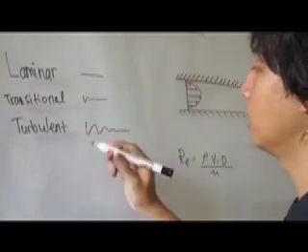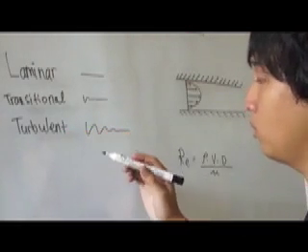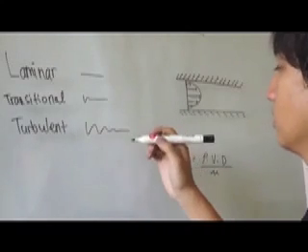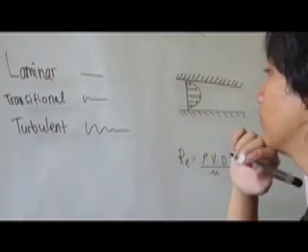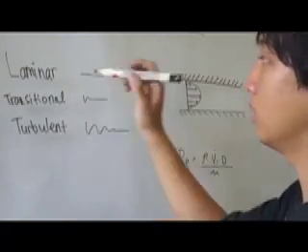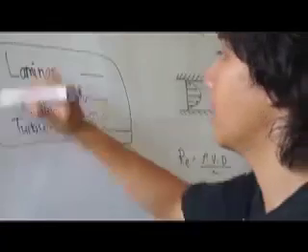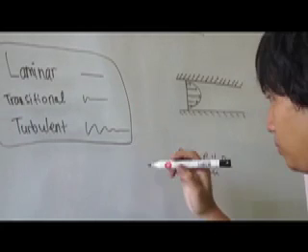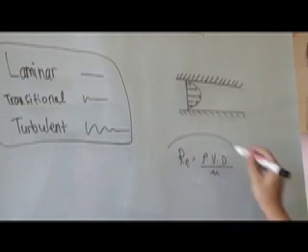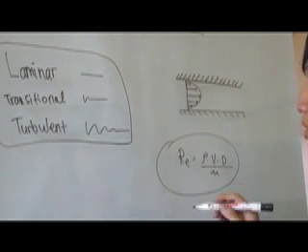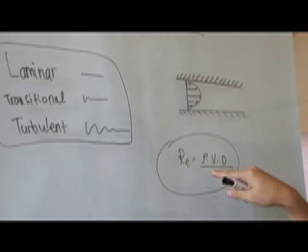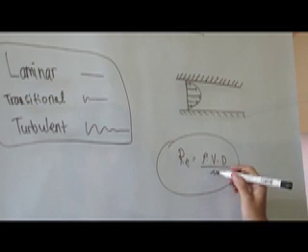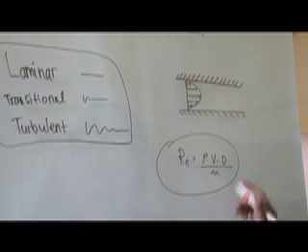But turbulent, the flow moves wavy, like something blocks it inside. How do we determine that a pipe has this kind of movement? We determine it by the Reynolds number.